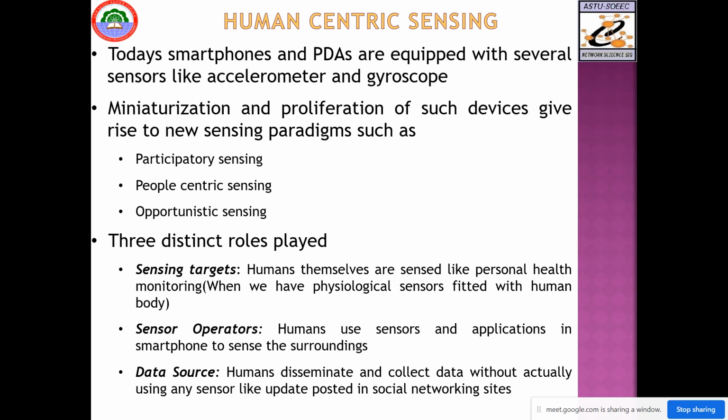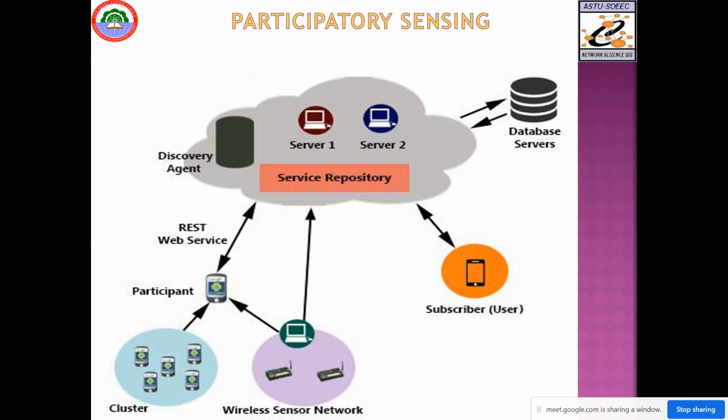The sensed information from a human being is going to be transferred to the corresponding destination or the sink node. Again, the sink node is also a human. So we cannot predict the attitude of that human. He may reveal the information which is being transmitted, or he may modify it. So privacy becomes a very important issue.